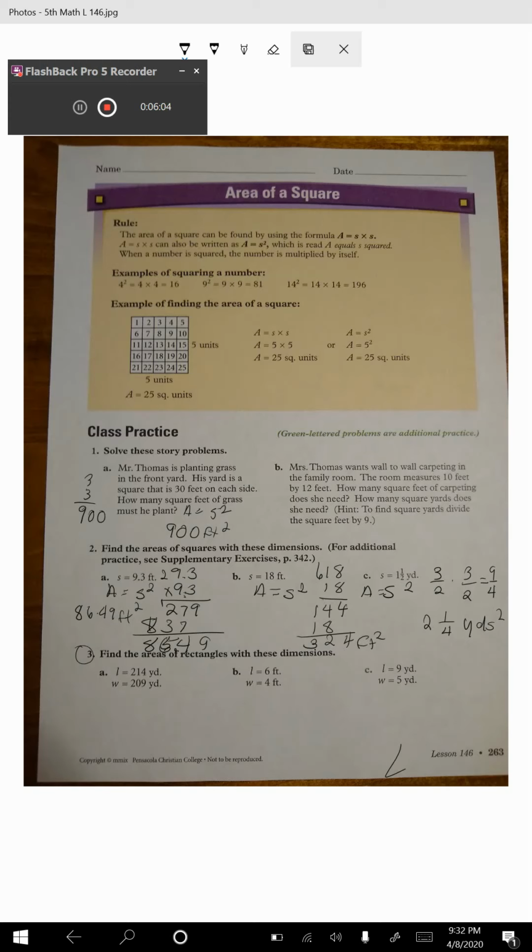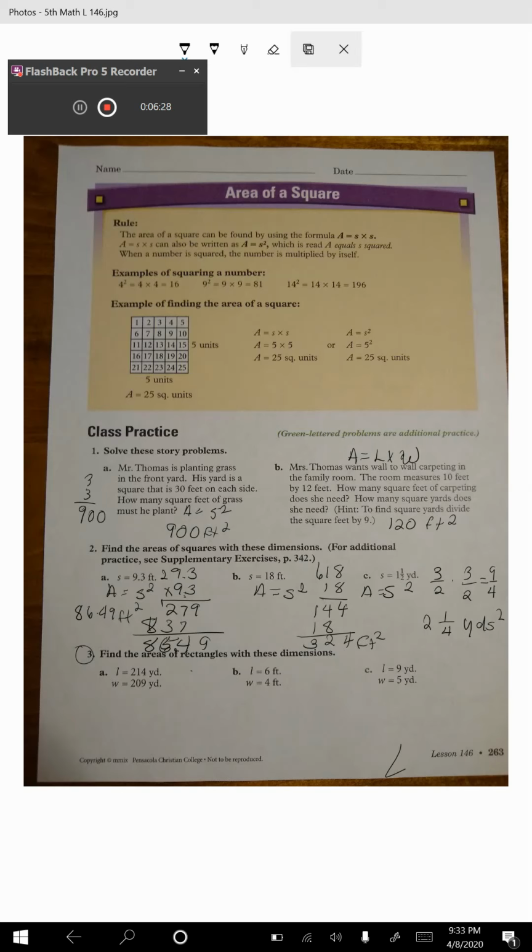All right, so we're going to do feet and then we're going to do yards. If it's 10 feet by 12 feet, remember the area of a rectangle is length times the width, which is just 10 times 12. Anything times 10, you just add a 0 to it. So it's 120 feet squared.